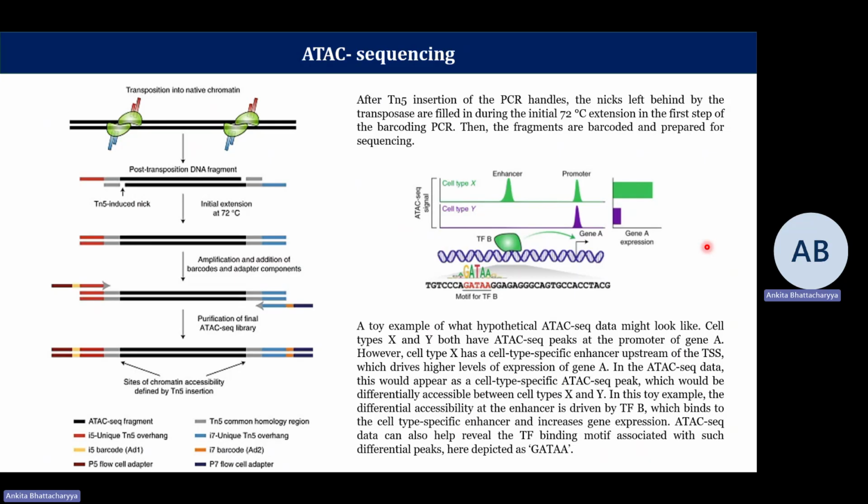However, cell type X has a cell type specific enhancer upstream of the TSS, which drives very high expression of gene A. In the ATAC-seq data, this appears as a cell type specific ATAC-seq peak, which as you can see between X and Y can be quite different. In this toy example, the differential accessibility is driven by transcription factor B, which binds to the enhancer and increases gene expression.